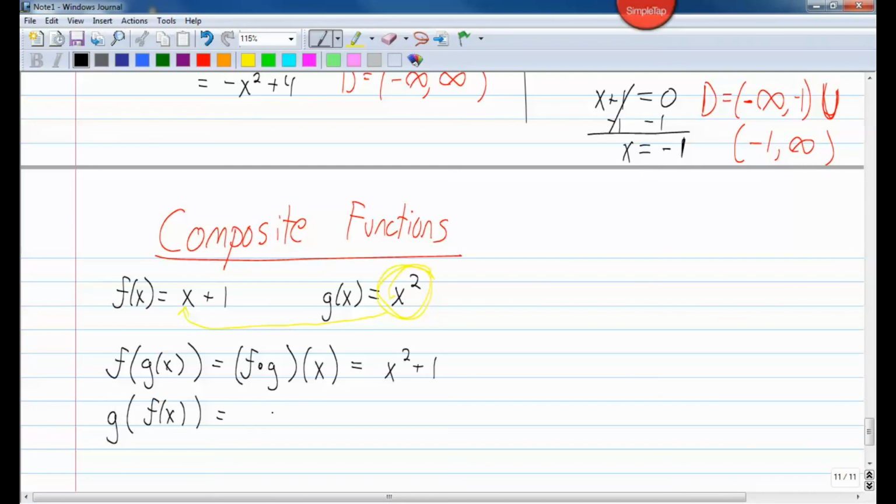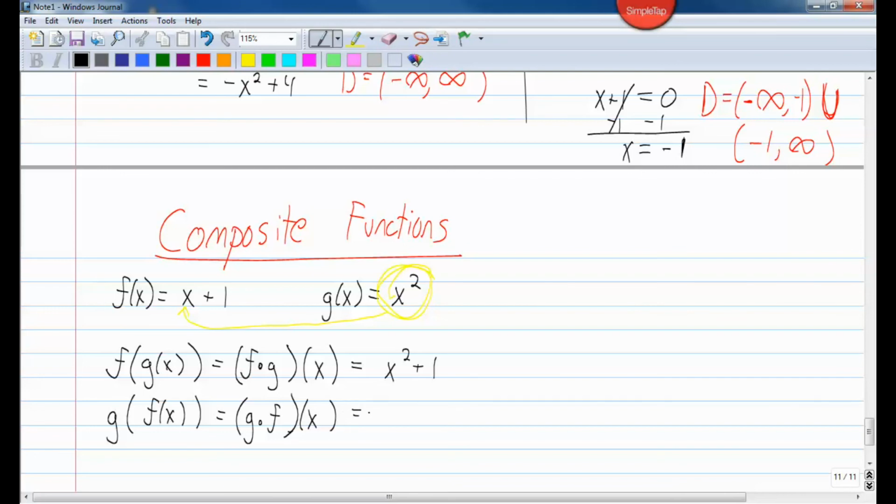Another way of writing that is g, a small o, f of x. This means take the f function and plug it into the g function. G of f of x.